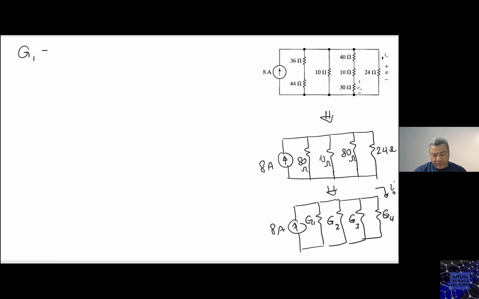I have G1 equals G3 equals 0.0125 Siemens. I have G2 as 0.1 Siemens.